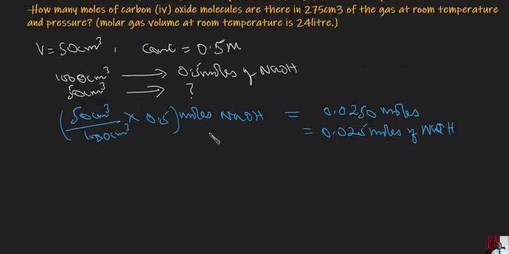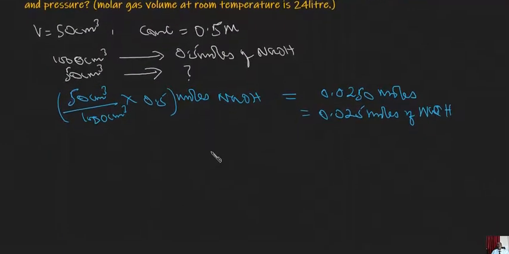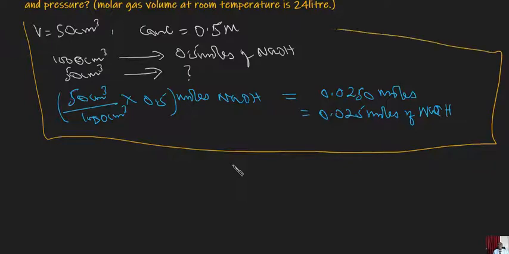Let us now go to the next part. We want to know how we calculate the number of moles in a gaseous volume. You know very well that a gaseous volume will be treated differently from a volume of a solution.